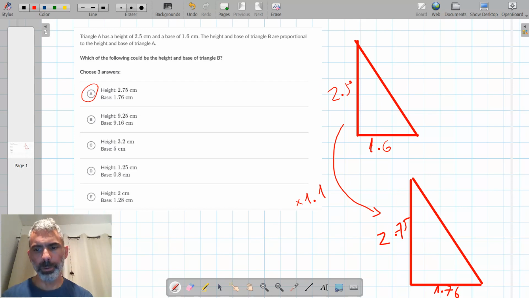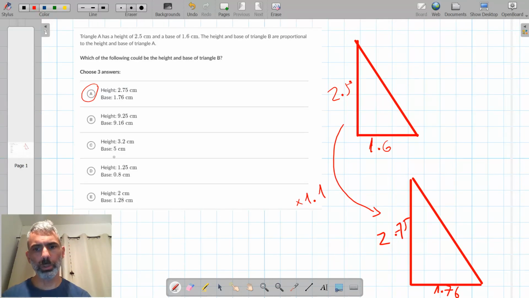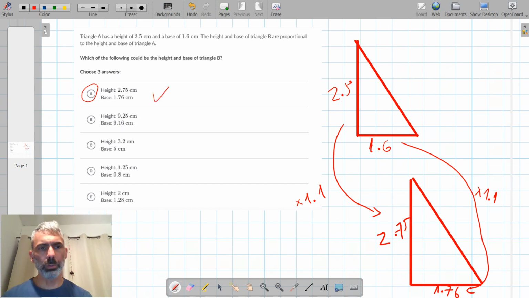And to go from 1.6 to 1.76, 1.76 divided by 1.6 is also 1.1. So to go from 1.6 to 1.76, I multiply by 1.1. Okay, so option A is good.